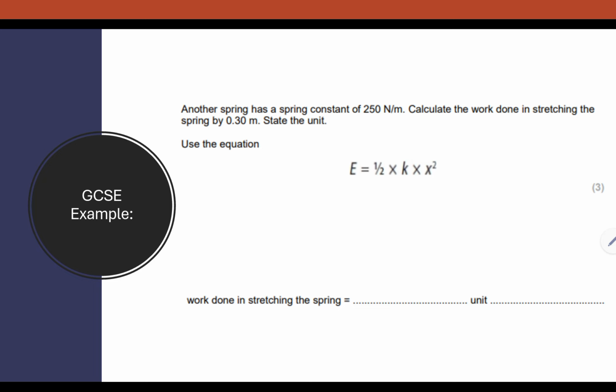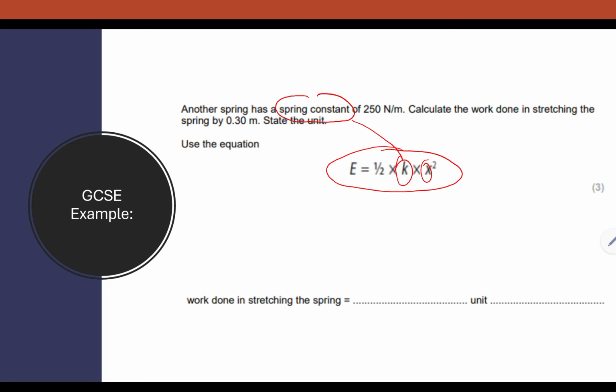So now we go into the GCSE example exam style question, where it states: another spring has a spring constant of 250. Calculate the work done in stretching the spring by 0.3 meters. State the units. Over here we can see there is another formula to calculate the elastic strain energy, where K is the spring constant and X is the extension.